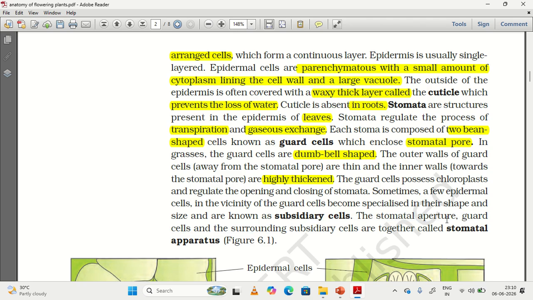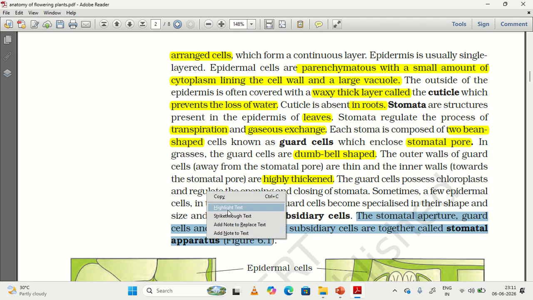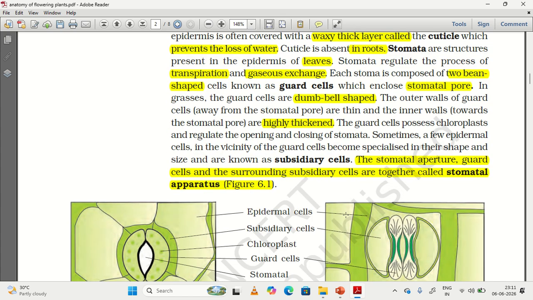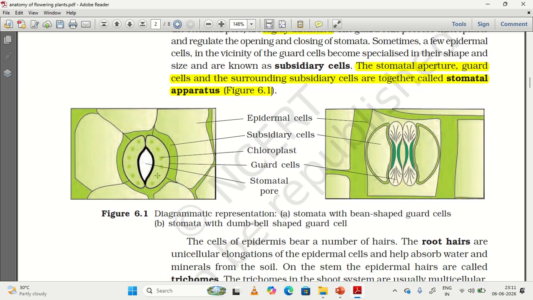So the stomatal aperture, guard cells and the subsidiary cells put together we call the stomatal apparatus.